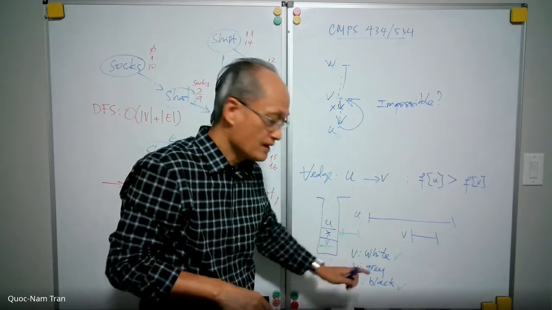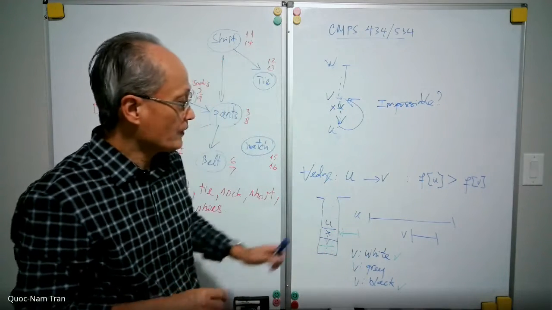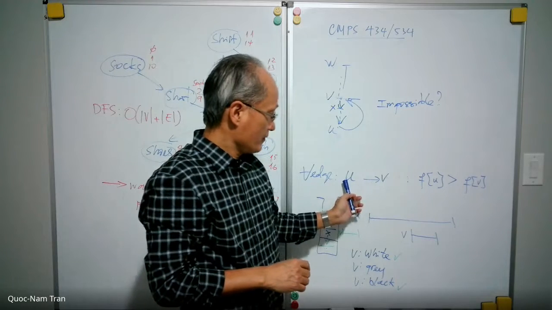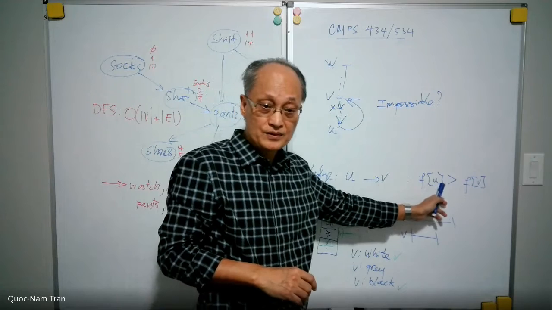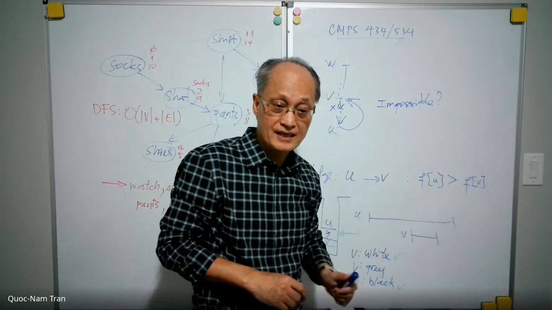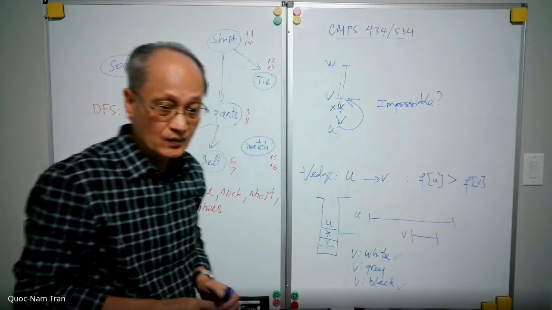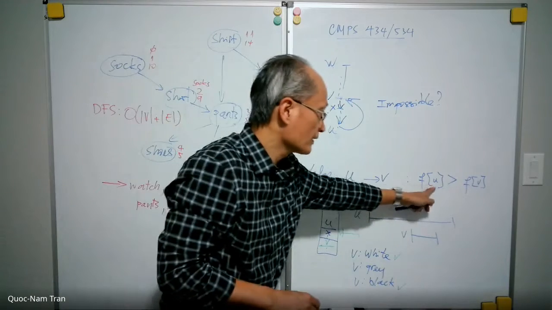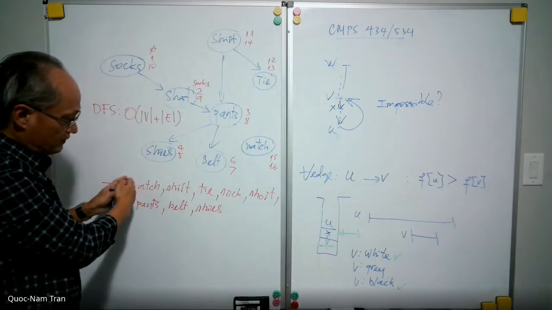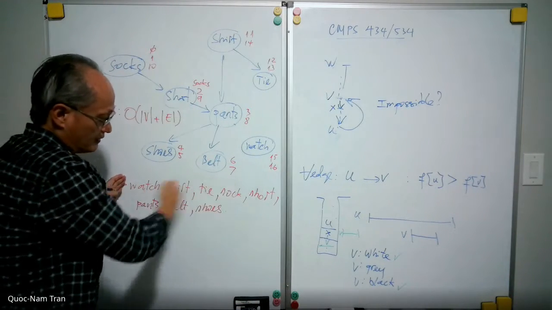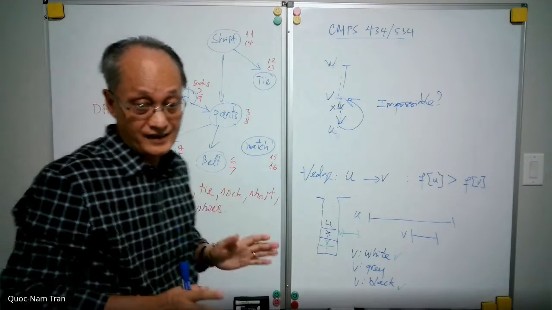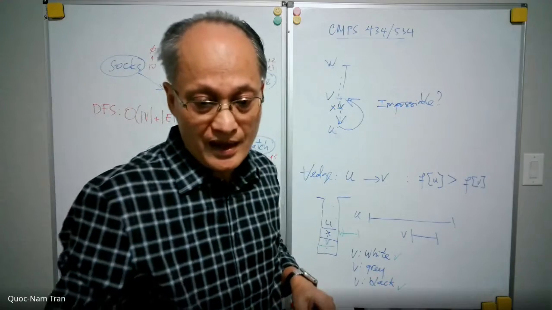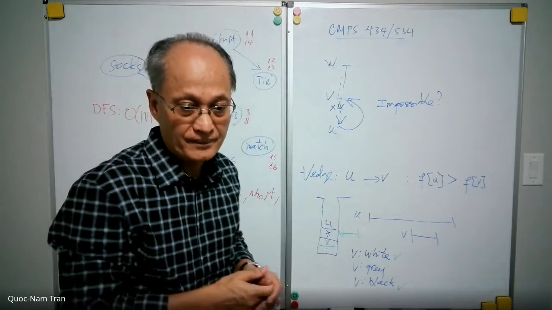So that's why for all possibility, whenever we have an edge from U to V, the finishing time of U is greater than the finishing time of V. Okay? In other words, U is always on the left of V on every list we have, right? So that is the correct list. That's why the algorithm is correct.